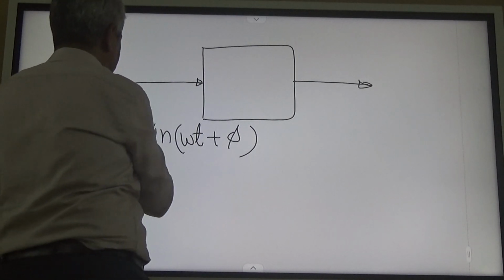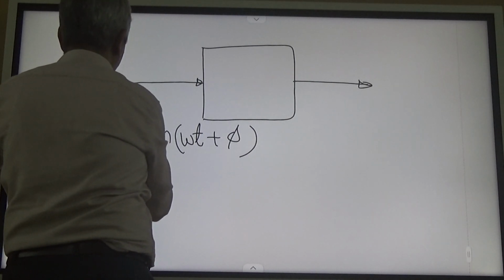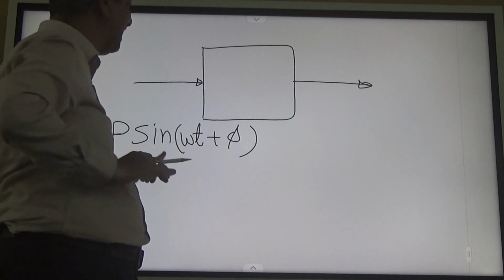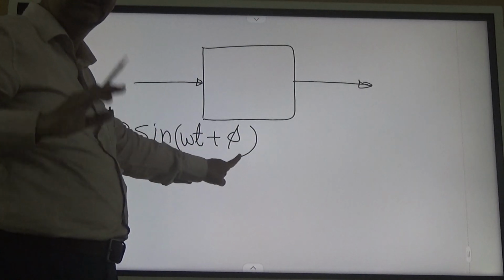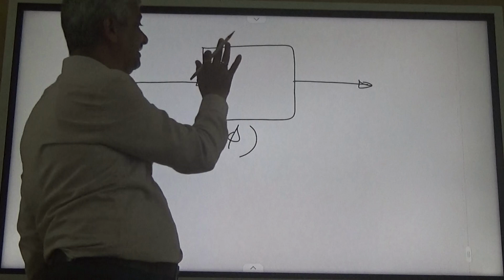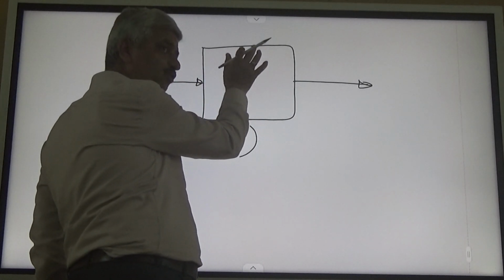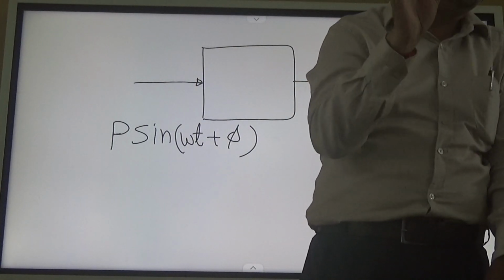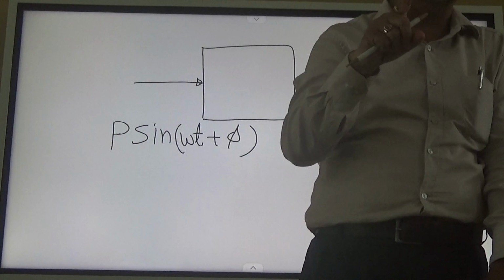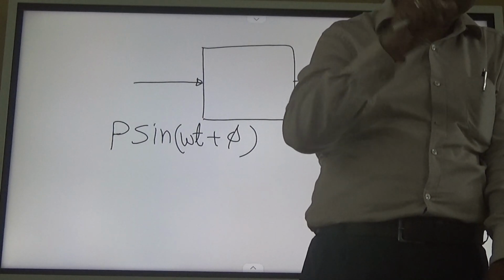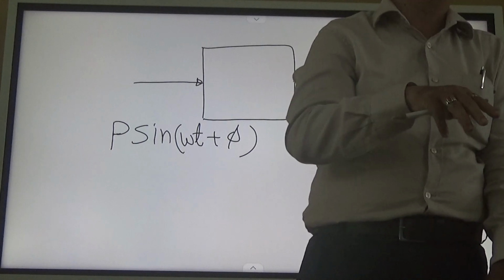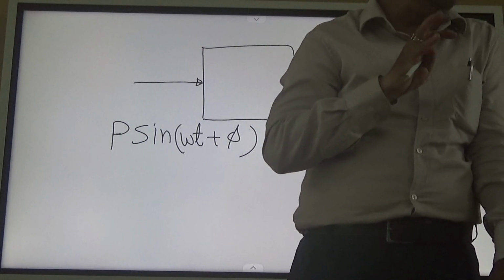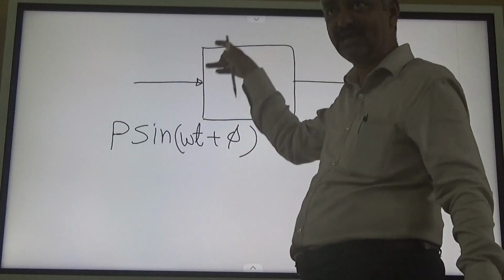So I will provide some P. If I apply P sine omega t plus phi, listen now very carefully, then any circuit, if it is only a resistor, it is not to be discussed. It's very simple. But if it includes a capacitor or inductor or both, and in some cases adder and amplifier, it may or may not. So in general, a circuit includes that.